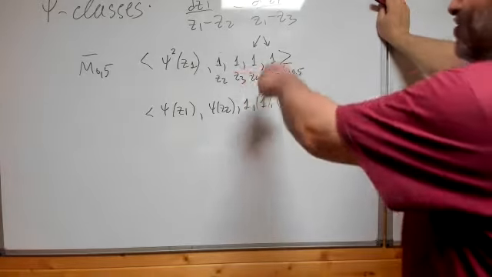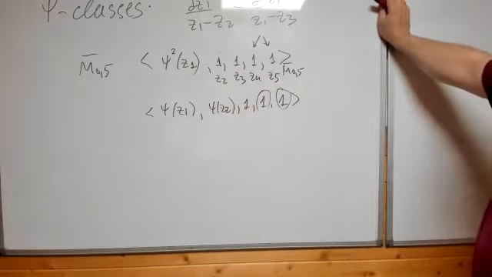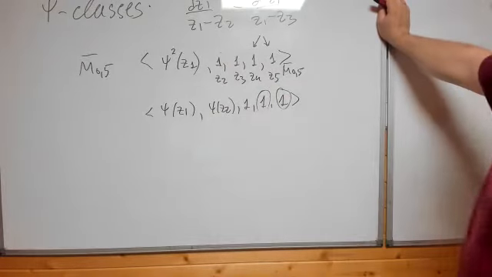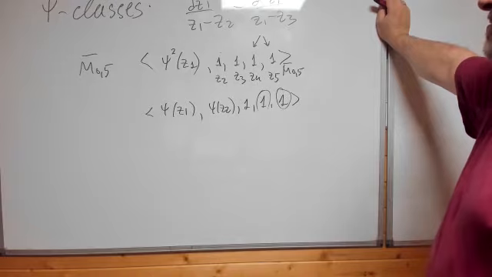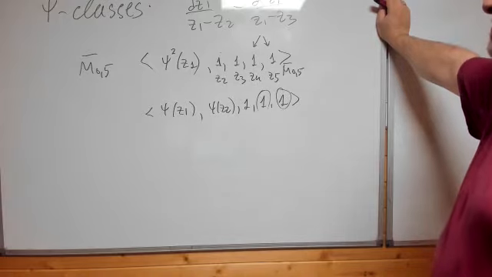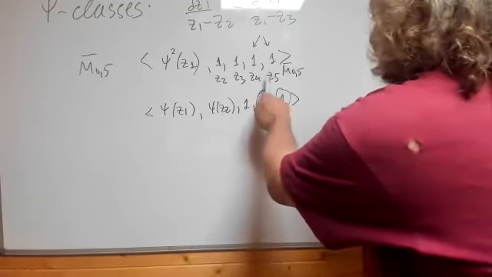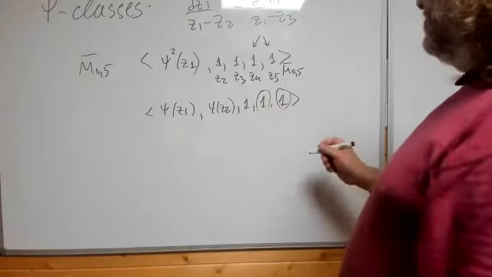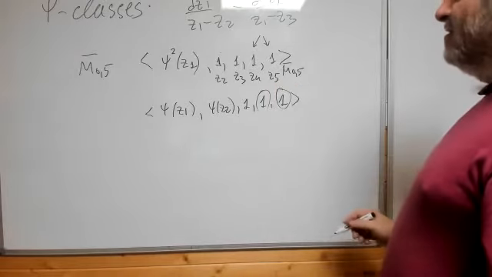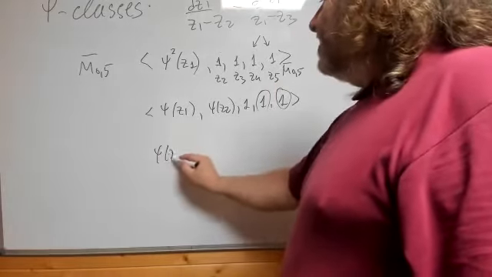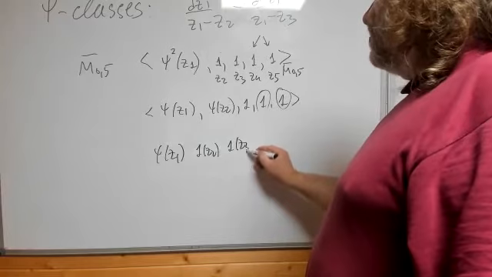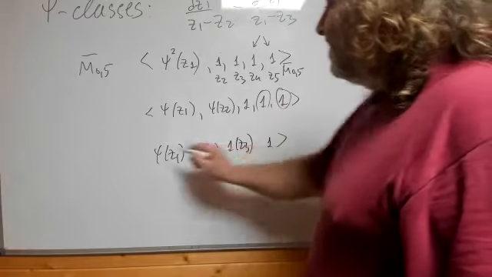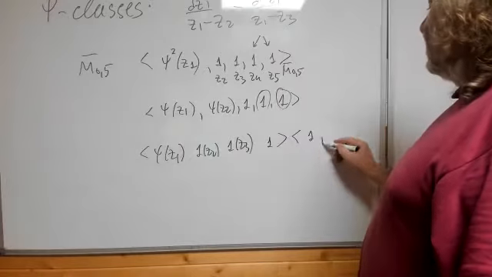Still, I don't have enough size to get interesting numbers. Still, I leave the Z4, Z5 outside, and I get psi Z1, 1 at Z2, 1 at Z3, and 1 as a double point. And here I have 1, 1, 1.